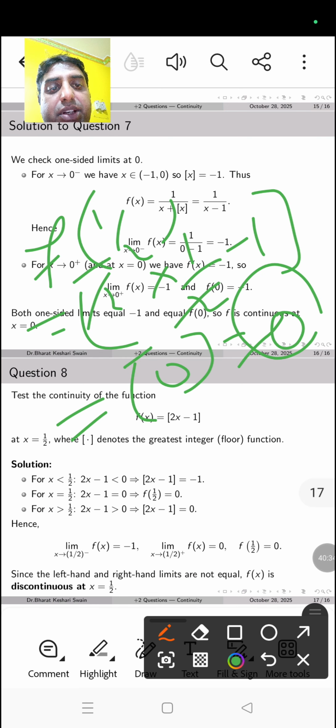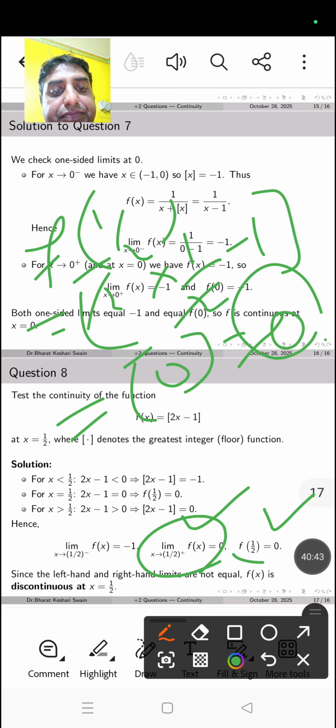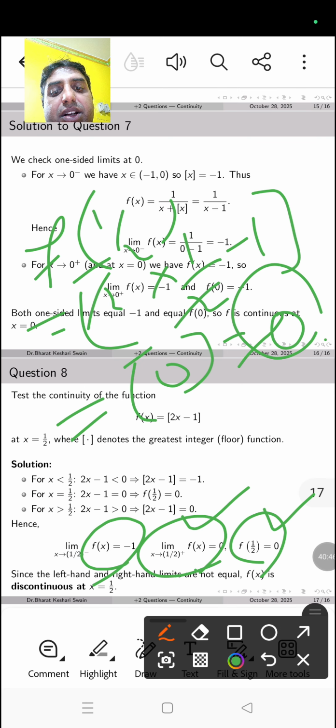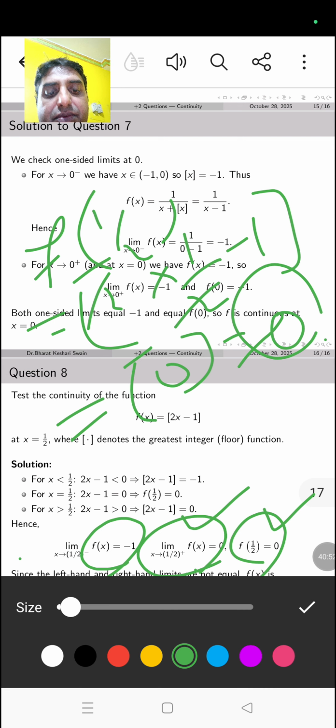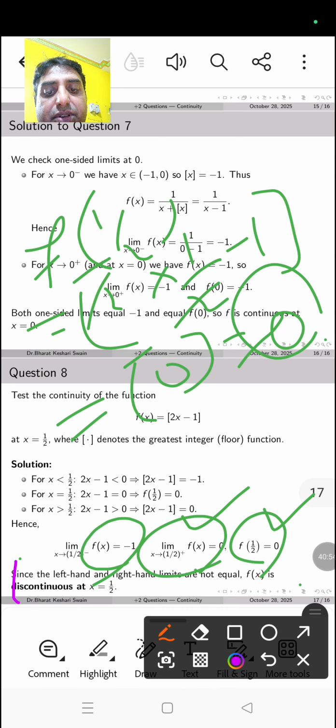This is your functional value. So the functional value is equal to the right hand limit. Both are equal, but the left hand limit is not equal. That's why the function is discontinuous at x equal to half.